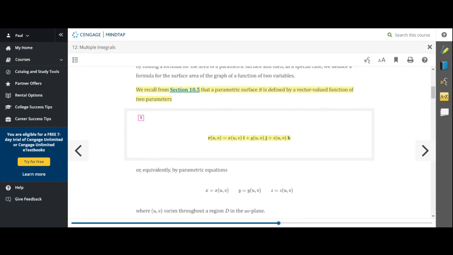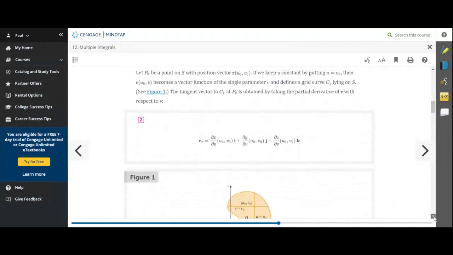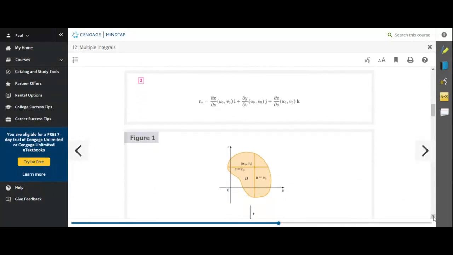And of course, if we wanted to find the derivative with respect to variable u or variable v, we're able to do that by taking partial derivatives.